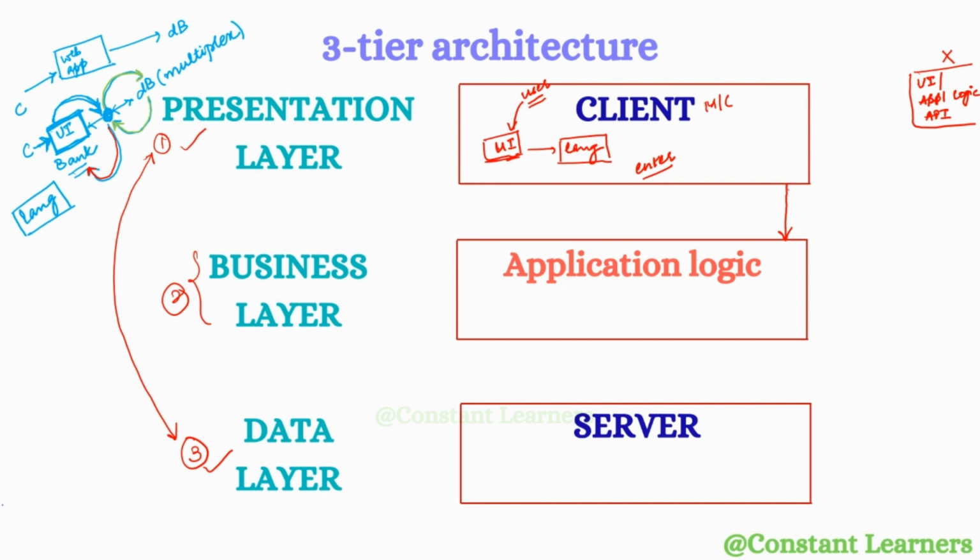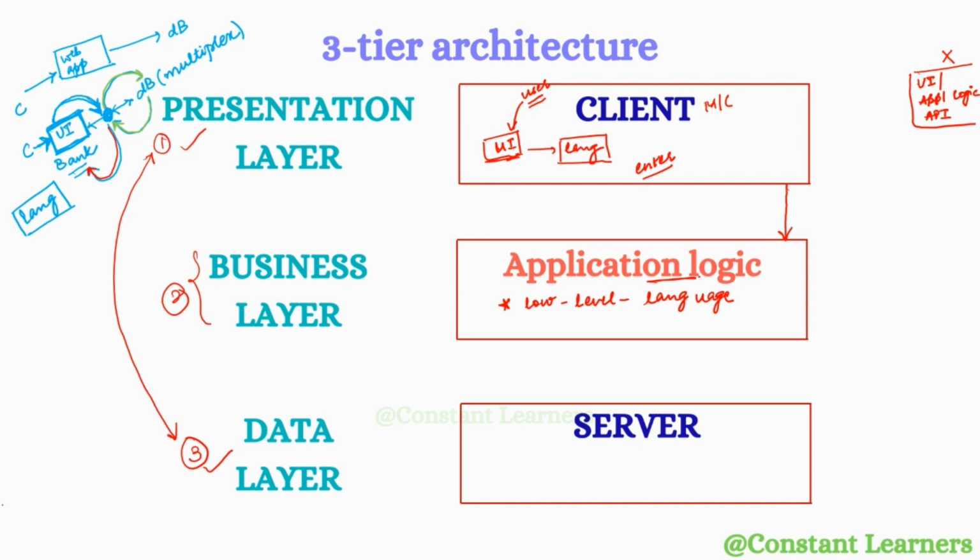Now, in the business layer, there is an application logic. And this application logic transforms our query into a low level language. Low level language is the machine language that the machine can understand, that the database server will understand.